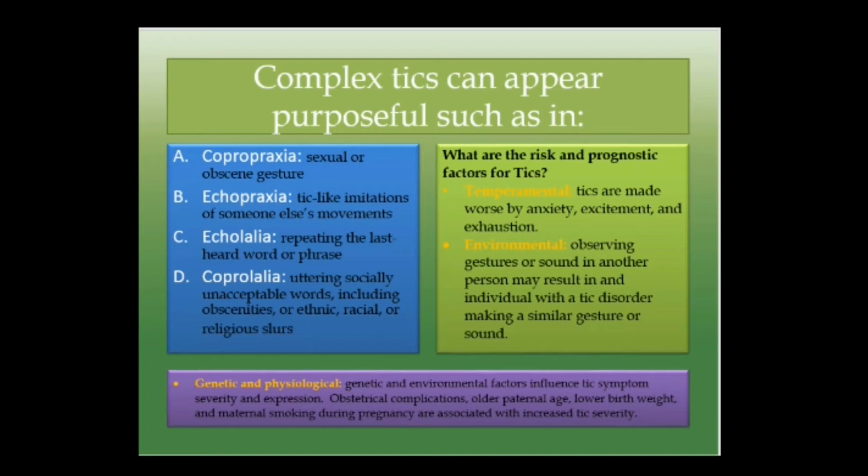What are the differential diagnoses for tic disorder? When a patient walks into your office and they have a tic disorder, what will it look like? Some of the differential diagnoses will be abnormal movements. They are going to be accompanied, of course, with what looks like other medical conditions.